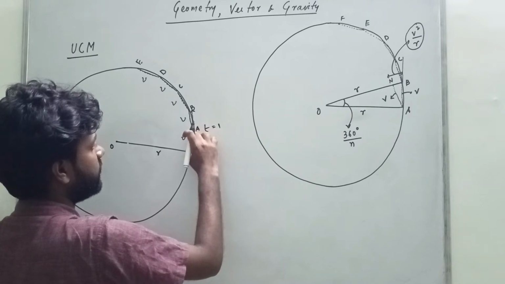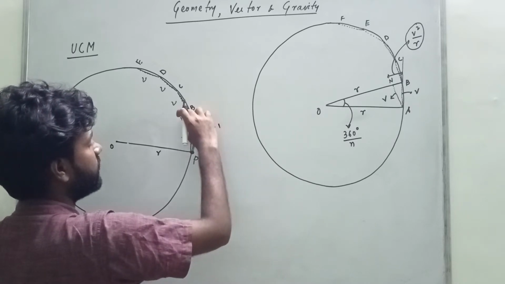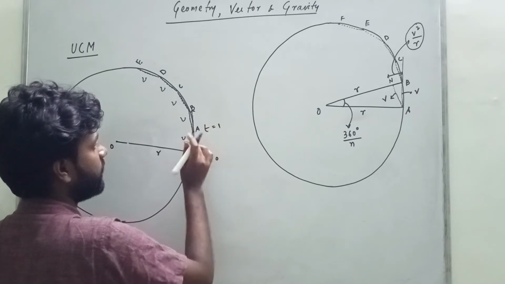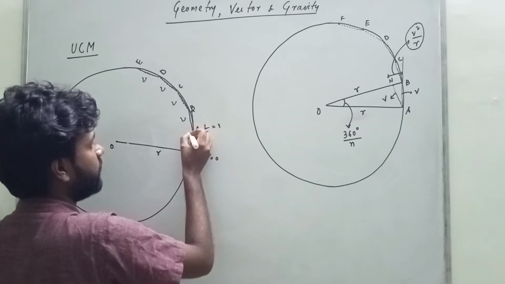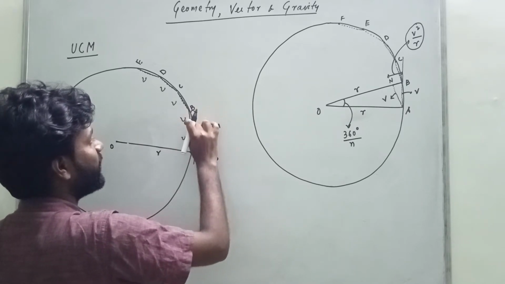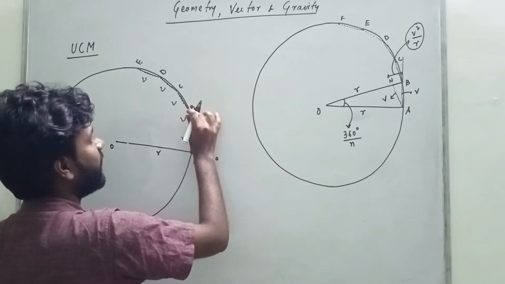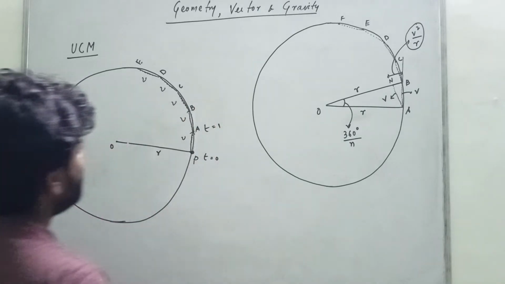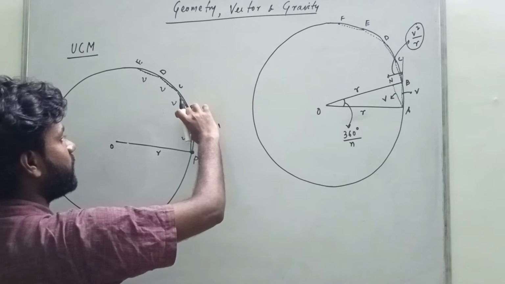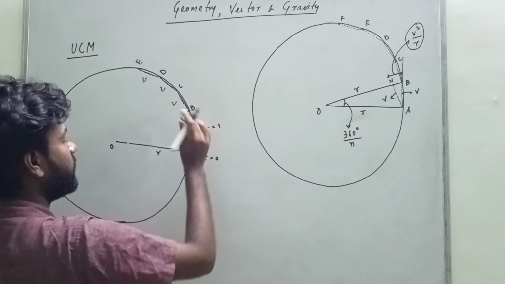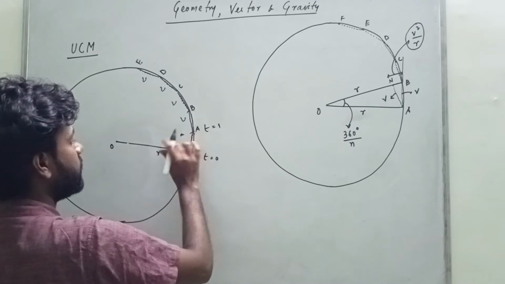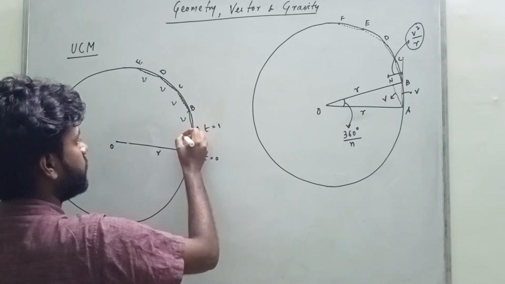If I erase this velocity and take this thing with an arrow, it is our velocity, right? Now translate this side AB from here to there.